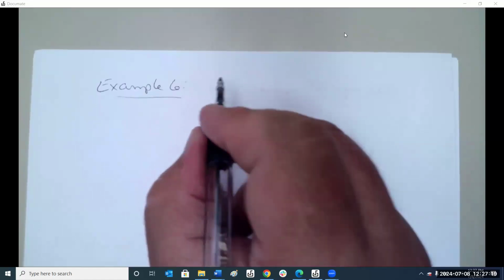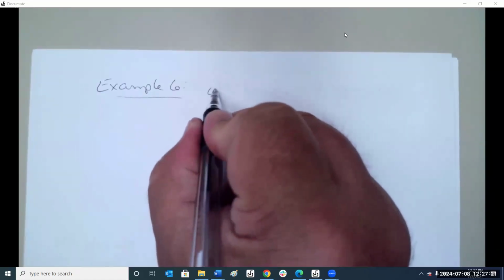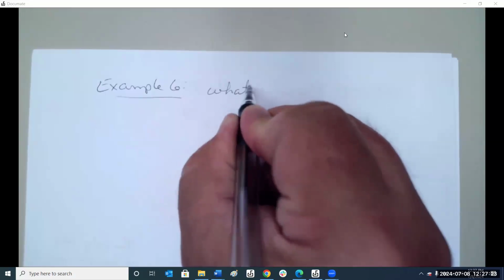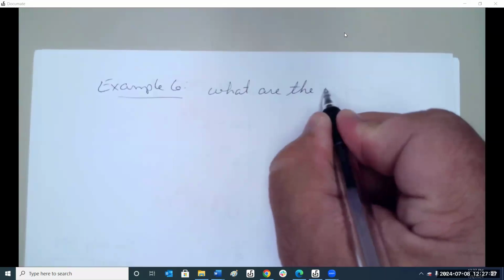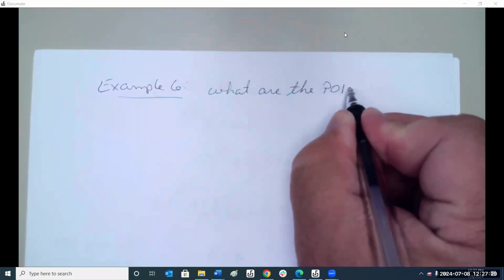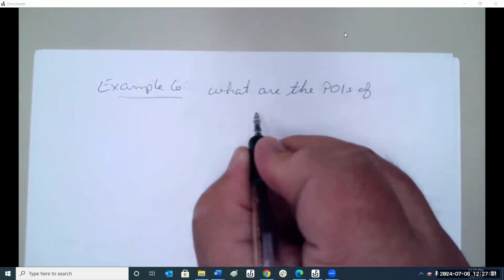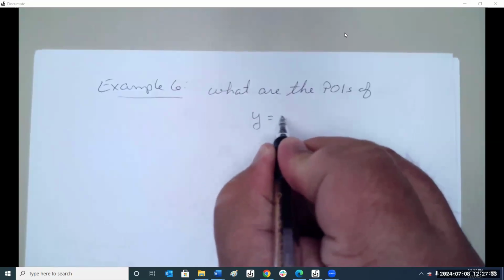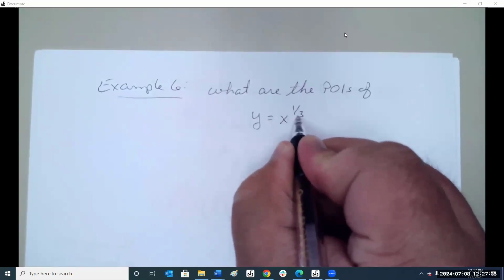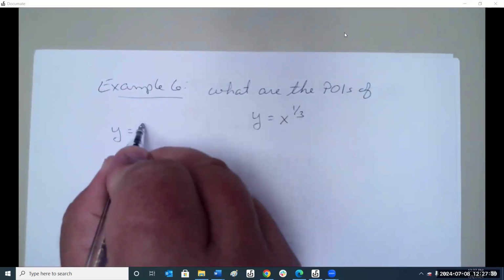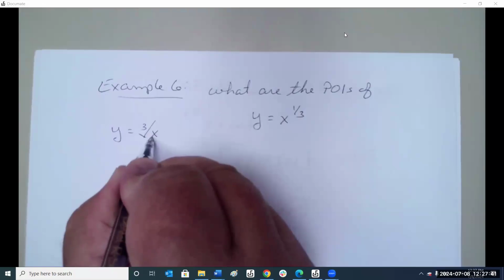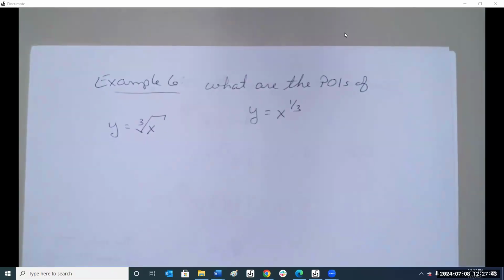Example 6. What are the points of inflection of y equals x to the 1/3? Although if I was to give you this on a test, I would have given it to you like this.